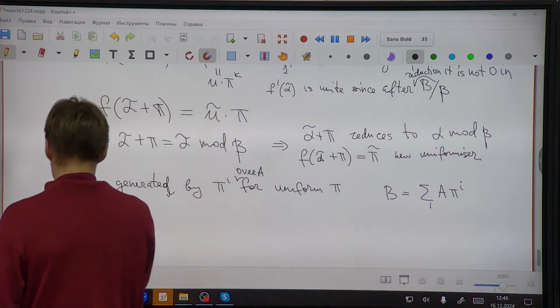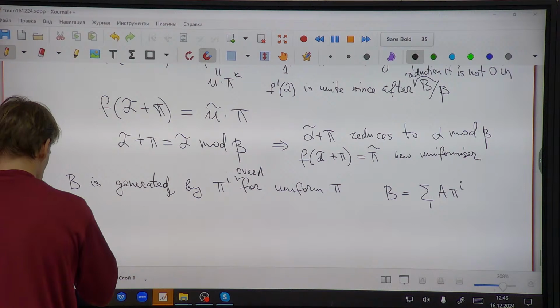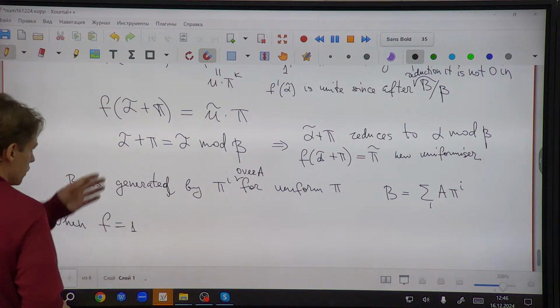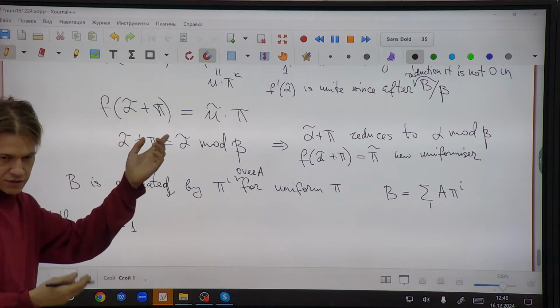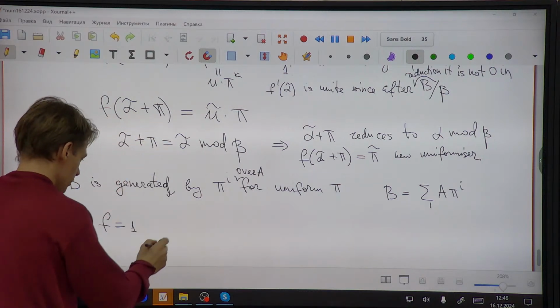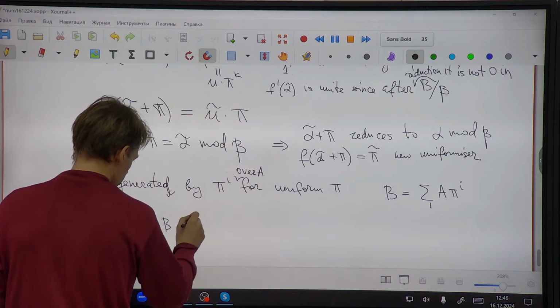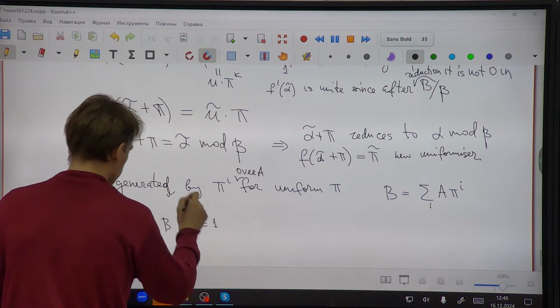When f is equal to 1, alpha is just 1, so alpha is just a unit.